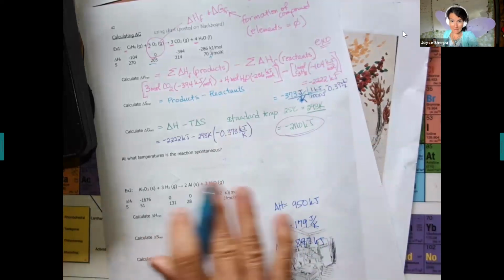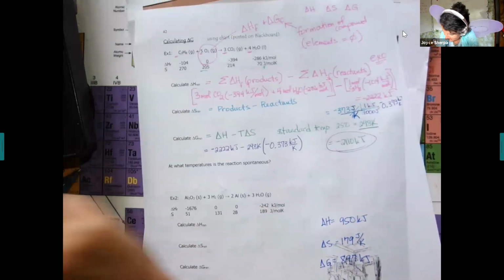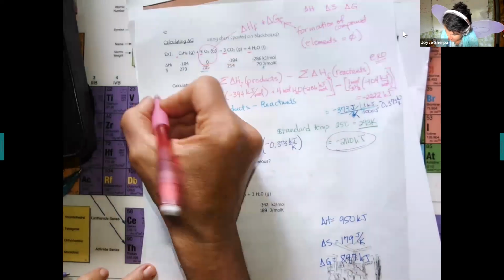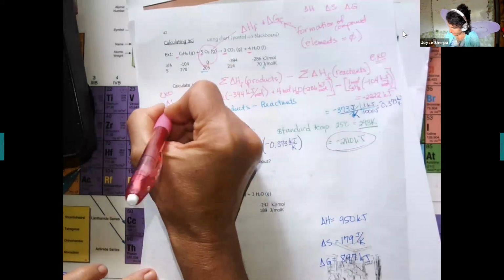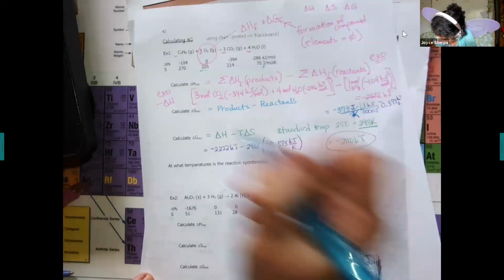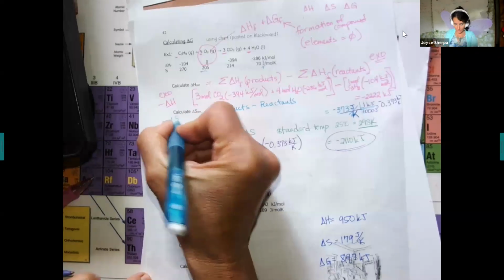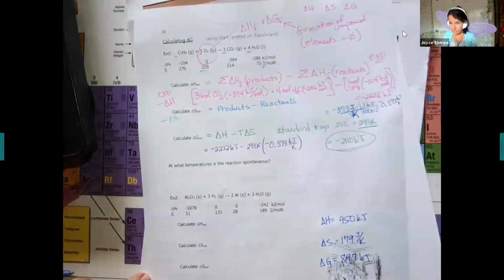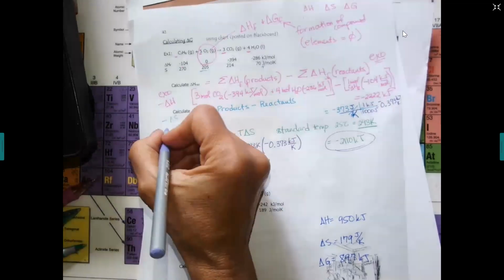All right, so that's with the math. Then you're going to be asked to explain. So our first piece, this is exo because we have a negative delta H. In this one, our second piece, we have a negative delta S when we calculated it, which means what? Less disorder.